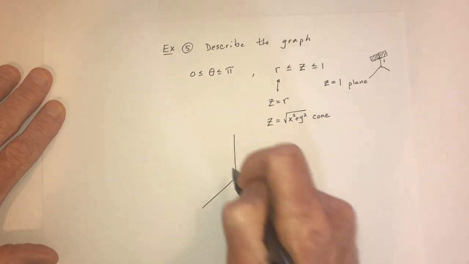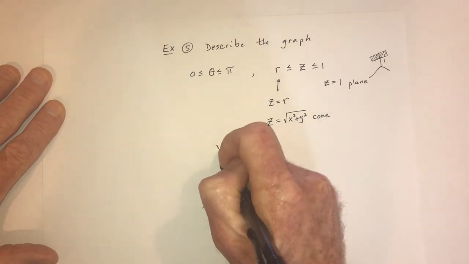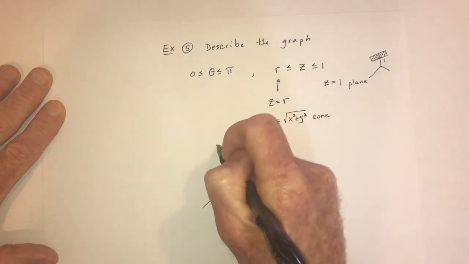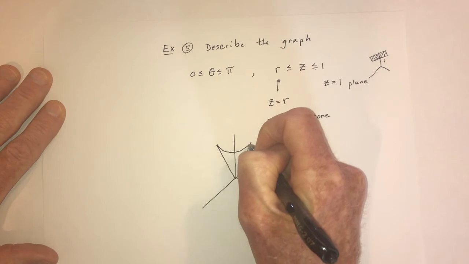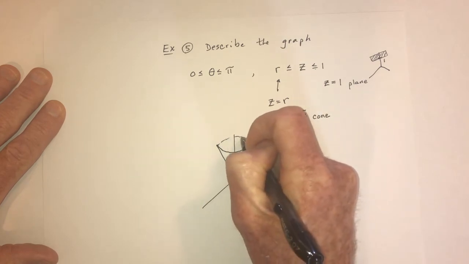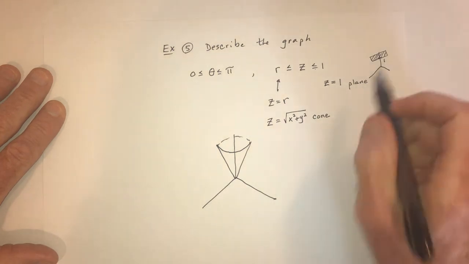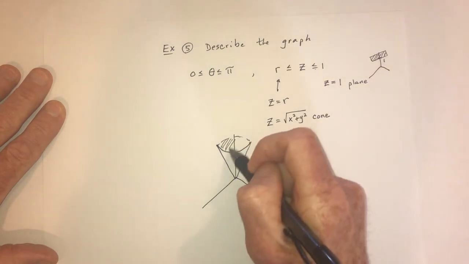So if you start with a cone, so a cone has straight edges, and then this is a nice perfect circle. Then cut it off at z equals 1, so cut it off here.